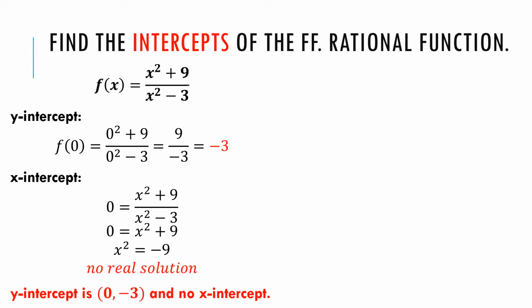Since ang square root ng negative number is an imaginary number, that means wala tayong real solution. So, that means wala siyang x-intercept para sa function na ito. So, ang kanyang intercept lang is yung sa y-intercept, pero wala siyang x-intercept. Ang graph naman ito is ganito.